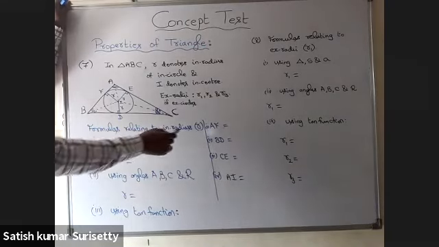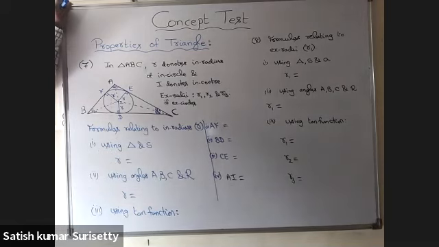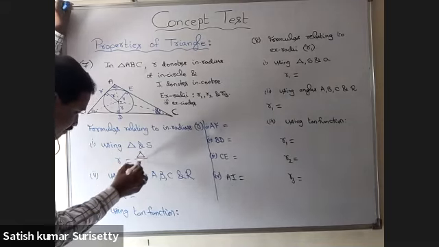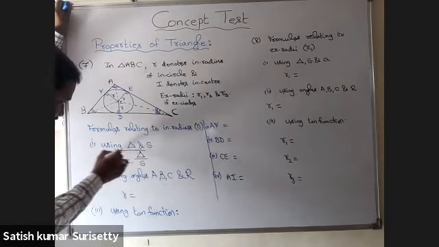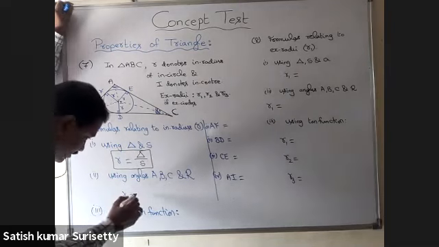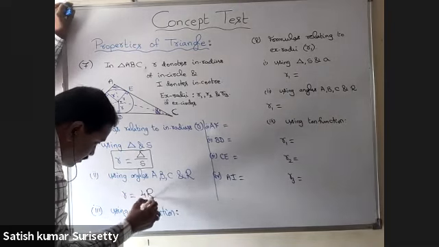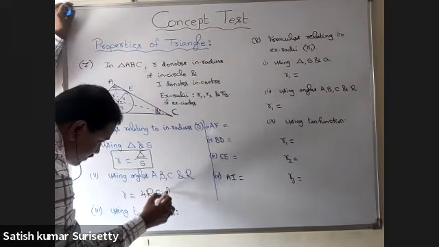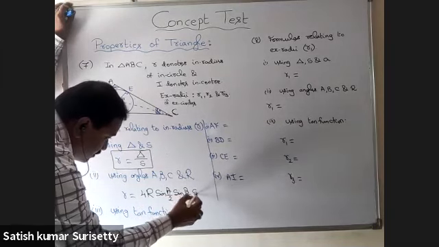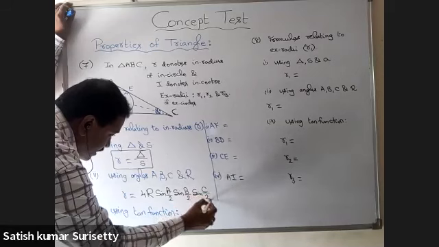Formulas relating to inradius r using delta and s: r equal to delta upon s. Next, using angles A, B, C and R, small r equal to 4R sin A by 2 sin B by 2 sin C by 2.